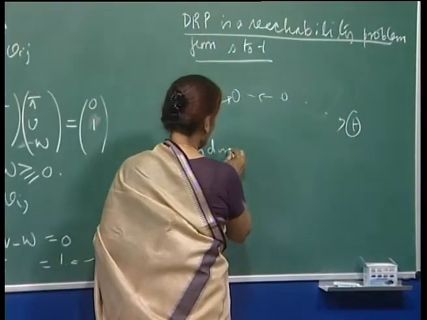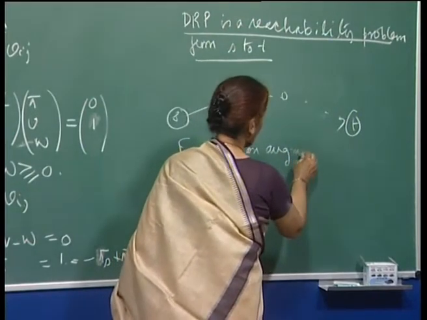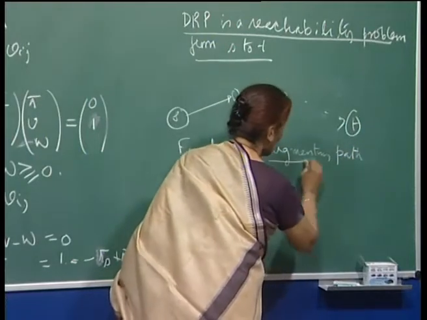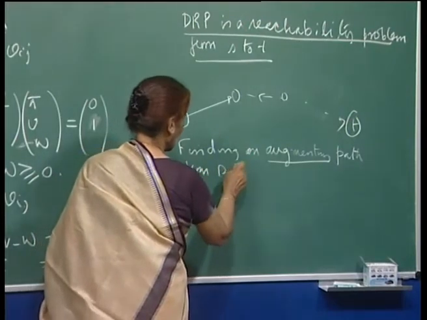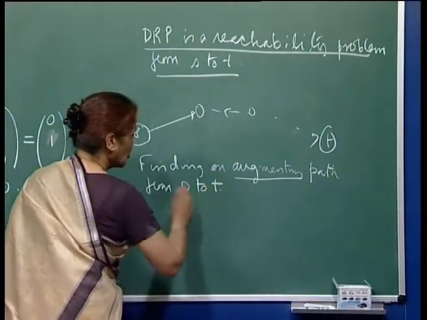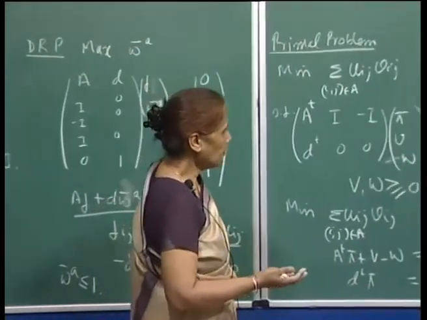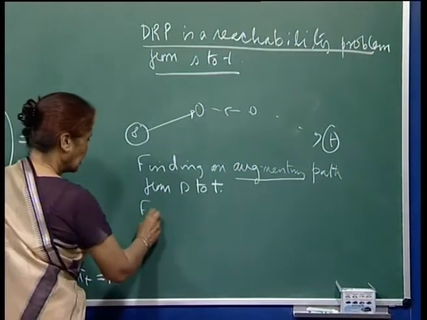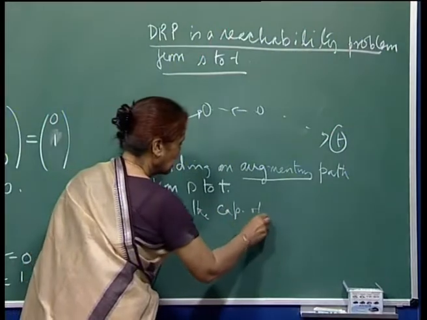This is finding an augmenting path, that means you are finding a path from S to T. So, once I find an augmenting path from S to T, then I know that I can increase the flow on the arcs on this augmenting path. So, find the capacity of this augmenting path.